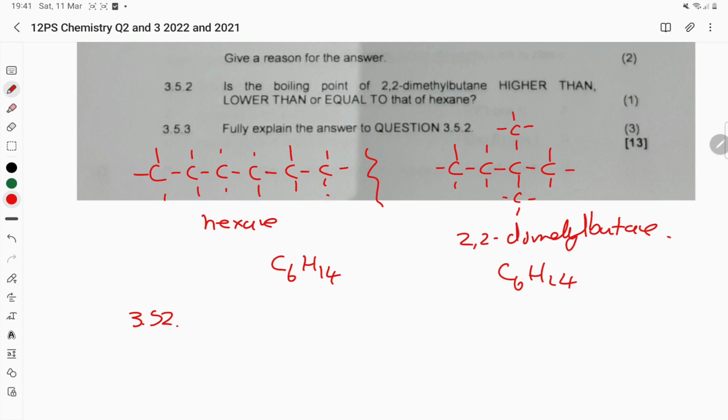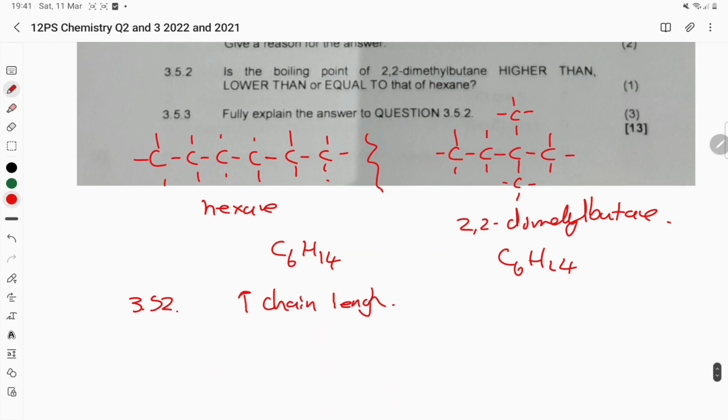So the explanation then is that hexane has a longer chain length, and therefore there are more positions or contact points for the London forces to interact between the hexane molecules.